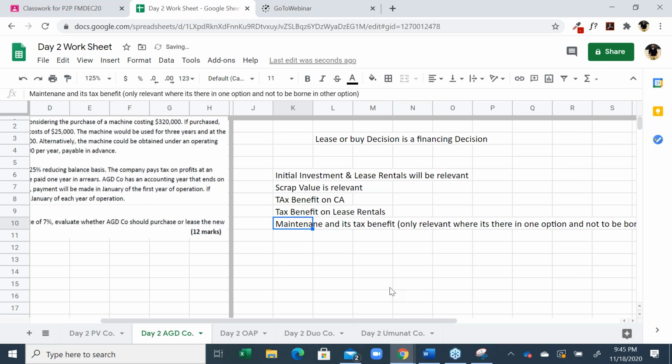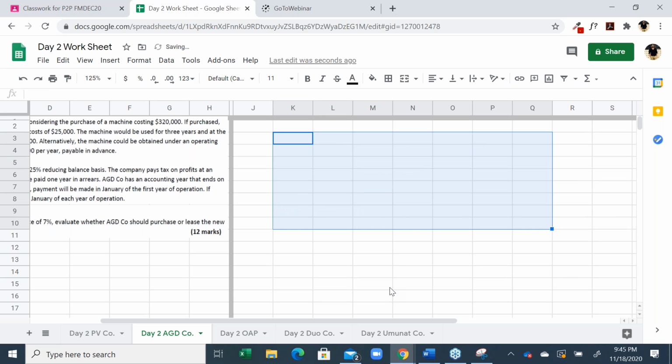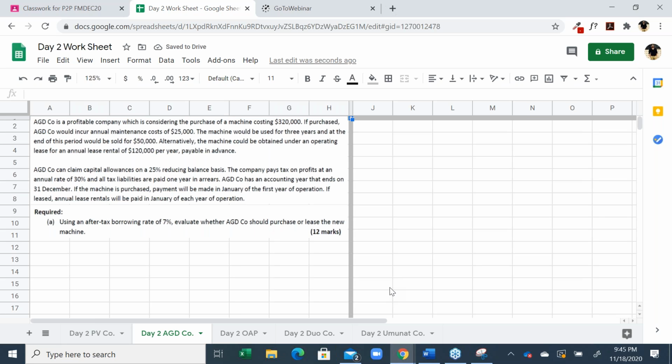Right? So let's start this question of AGD company. The font size is a bit small, but just excuse me with this. AGD company is a profitable company which is considering the purchase of a machine costing $320,000. If purchased, AGD company would incur annual maintenance cost of $25,000.